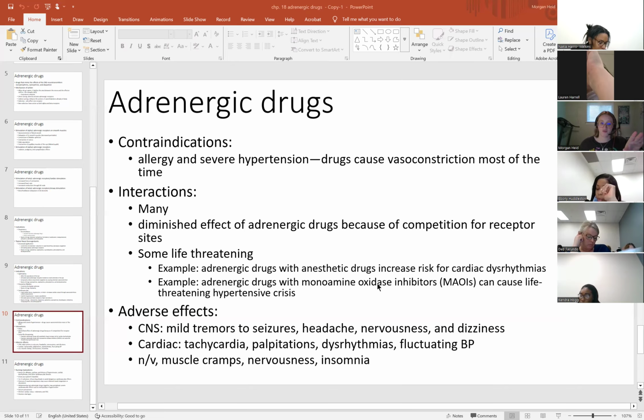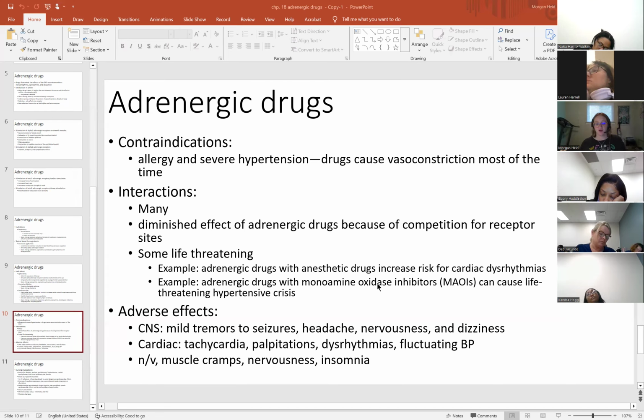The contraindications, or reasons why you shouldn't take these or use these with severe caution, would be if you have an allergy, or if you have severe hypertension. Because if you have severe hypertension, a lot of these drugs can cause vasoconstriction, even if that's not why we're giving them.